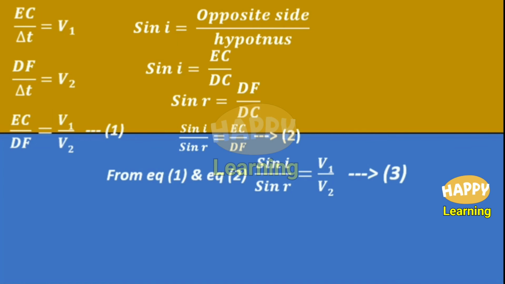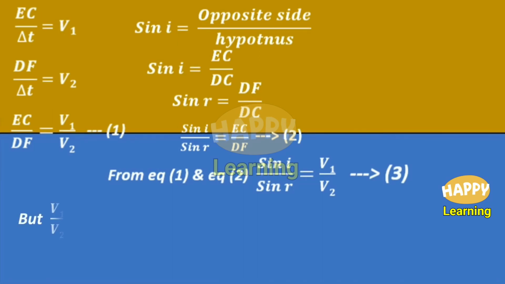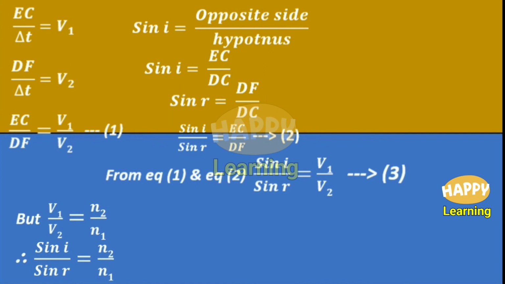For light rays, we already know v1 by v2 is equal to n2 by n1. Therefore, equation 3 can be written as sin I by sin r is equal to n2 by n1.